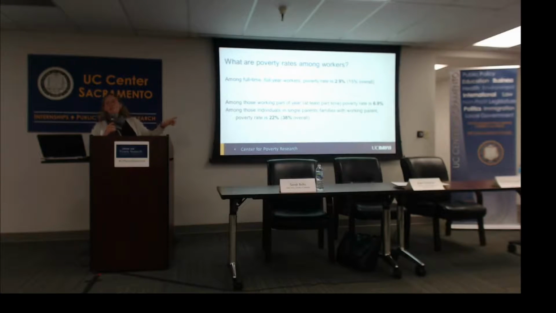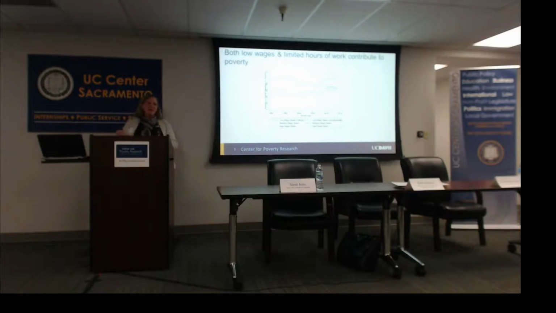That 38% is if you look at all single parents. Even if you're working as a single parent, you've got a 1 in 5 chance of being poor. So again, that frames, I think, the type of policies we need to think about and the challenges of full-time work as a sole caregiver for children.